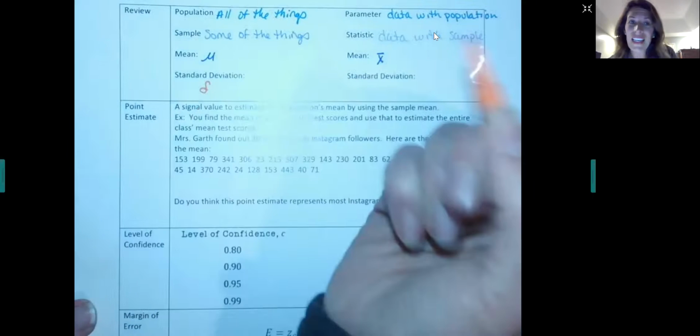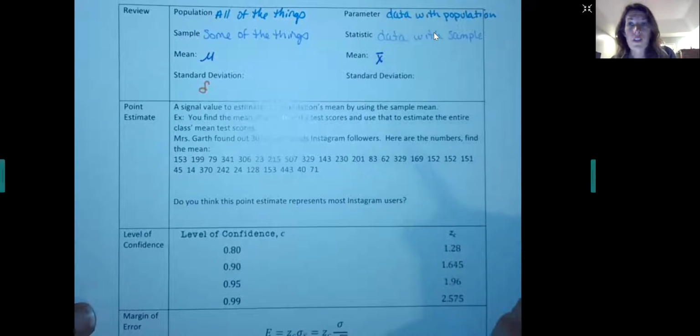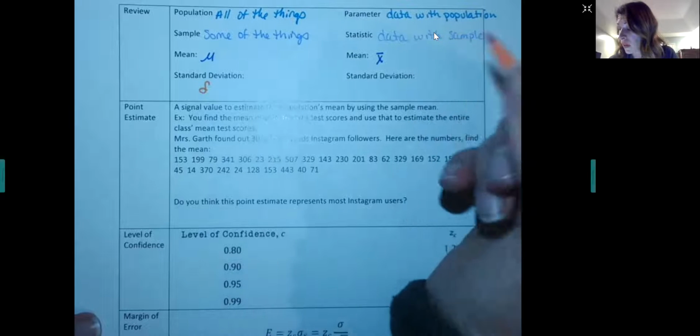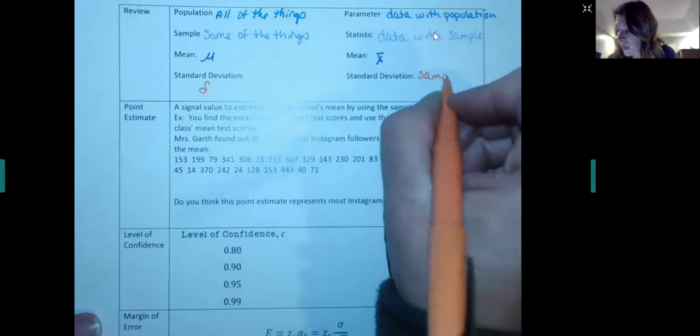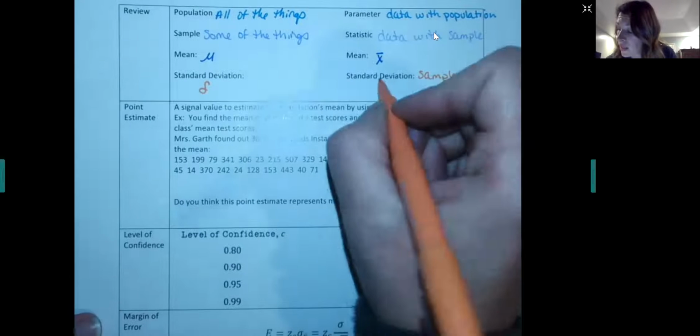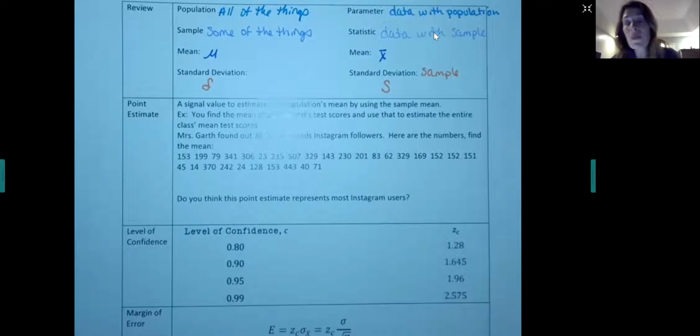And remember, I can't write it well. Good luck. I'm sorry. It's not English. And our standard deviation for our sample, this should say sample, sorry, is just an S. So when we're reading through some things, we're going to have to look and see, is it for our population or is it for our sample?